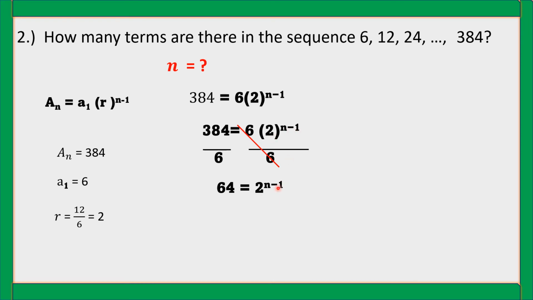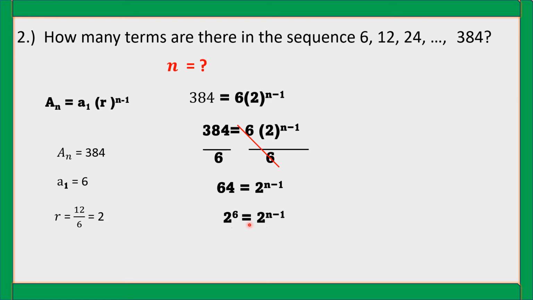Okay, and then, kailangan natin gawin si 64 na base 2 rin para maging pareho yung base nila. So, 64 is 2 raised to 6. Kasi 2 raised to 6 means 2 times 2 times 2 times 2 times 2 times 2. So, pag minultiply natin si 2 ng 6 na beses, that is equal to 64. Okay, and then copy 2 raised to n minus 1.